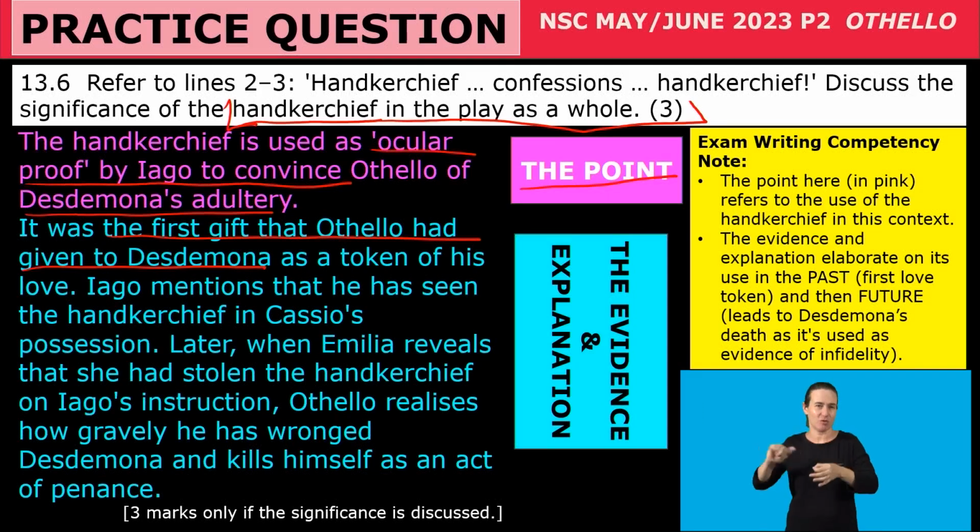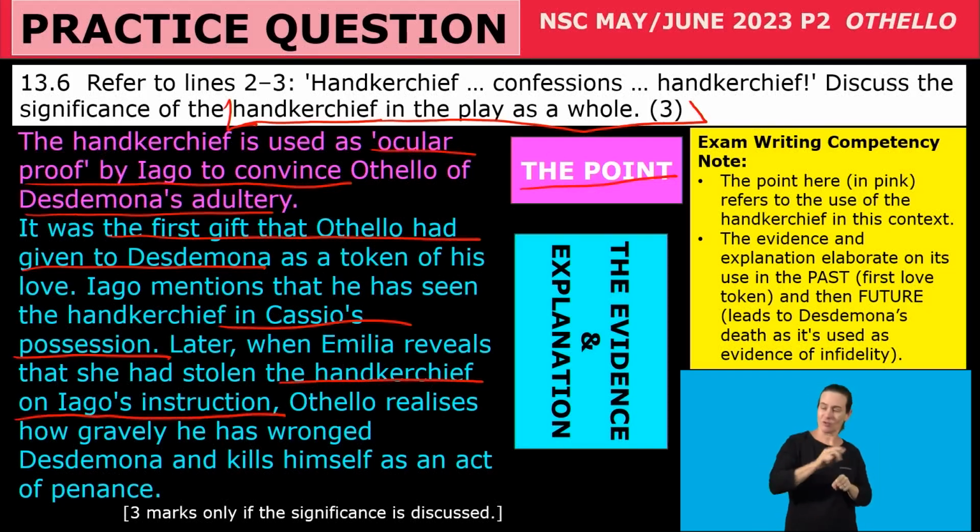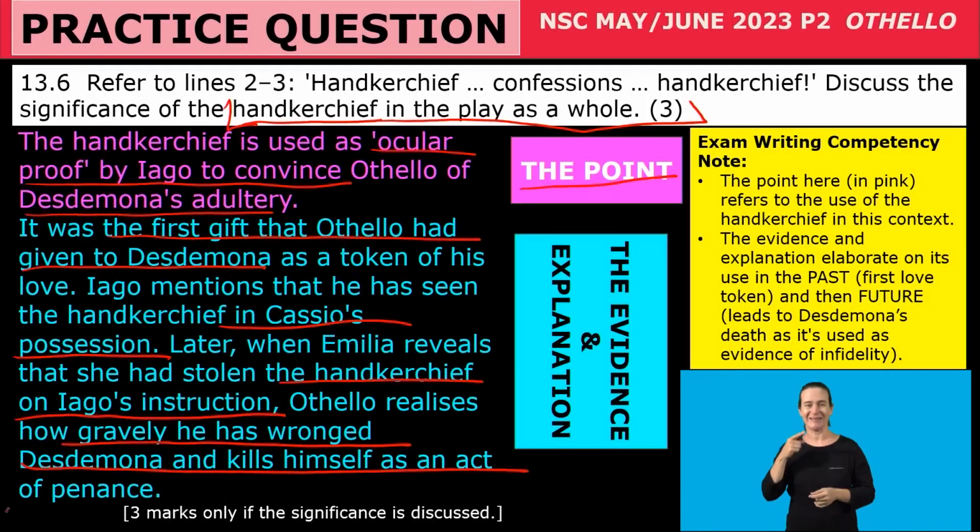Iago mentions that he has seen the handkerchief in Cassio's possession. Later, when Emilia reveals that she had stolen the handkerchief on Iago's instruction, Othello realizes how gravely he has wronged Desdemona and kills himself as an act of penance, so as a redeeming act.